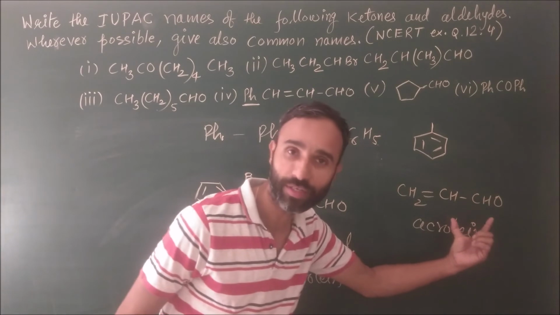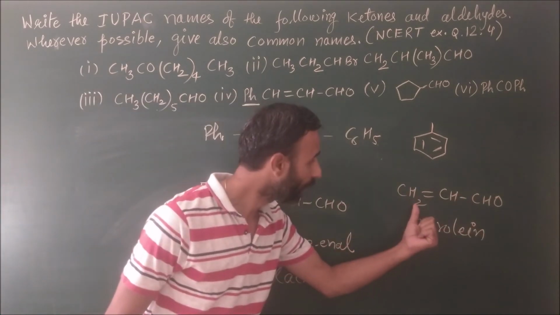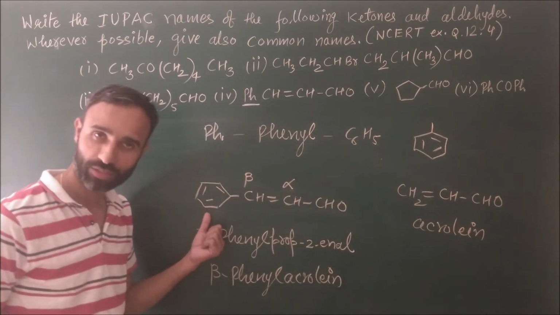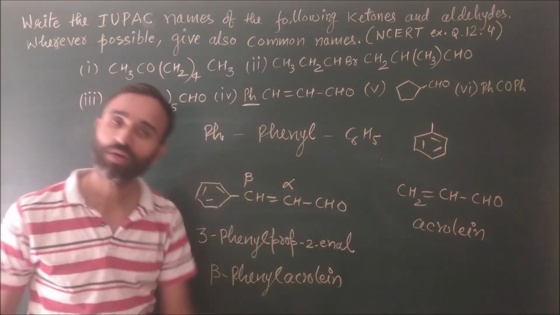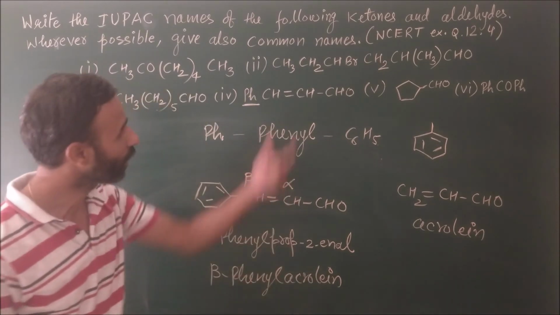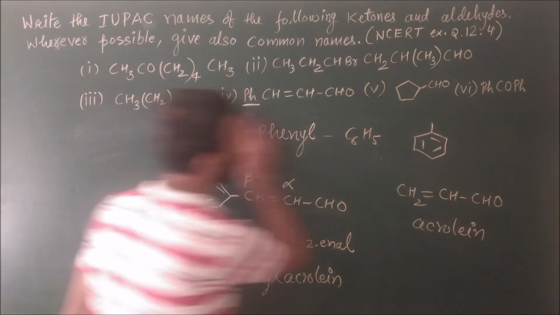This is acrolein. So it is a derivative of acrolein because H of acrolein is replaced by phenyl. So it is beta phenyl acrolein. Easy? So now we are left with 2 only. Next.